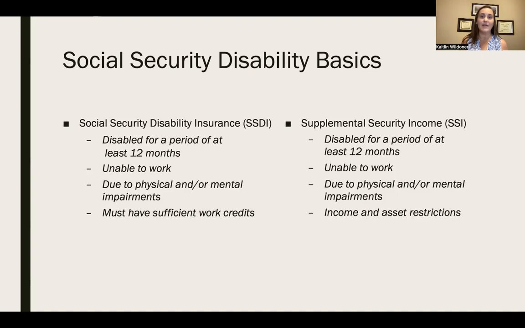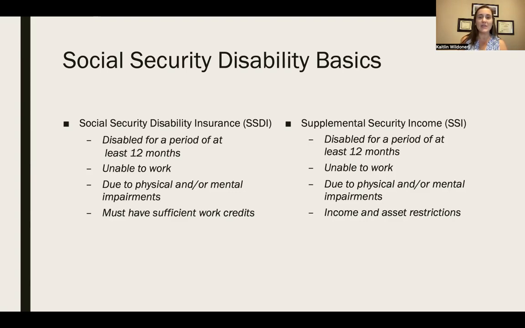Where they differ is with SSDI, to qualify, in addition to being disabled, you also have to have a sufficient number of work credits. Generally speaking, that means you have to have worked for 5 of the last 10 years. The other program, SSI, does not have that work credit requirement, but instead it does have income and asset restrictions.